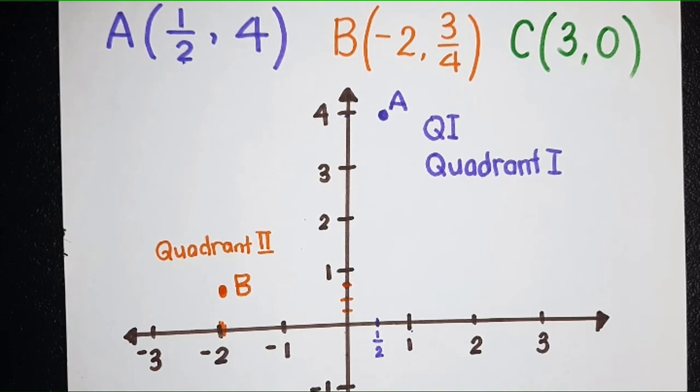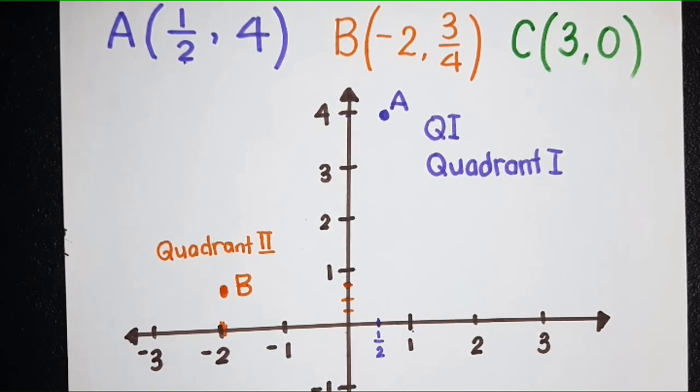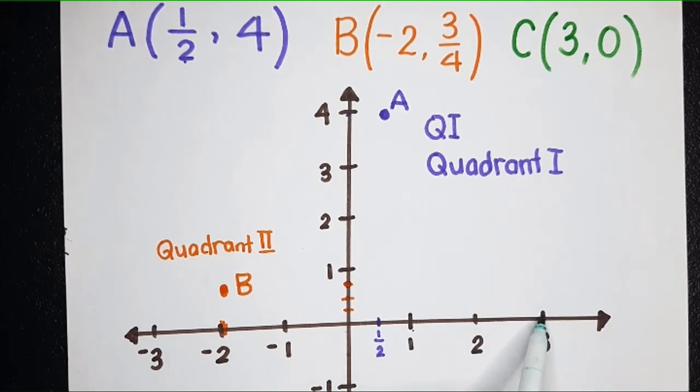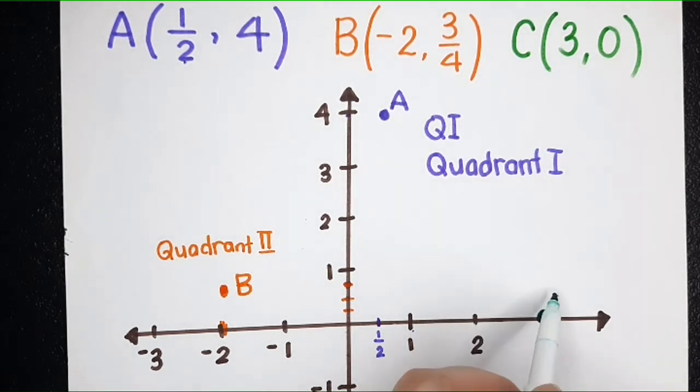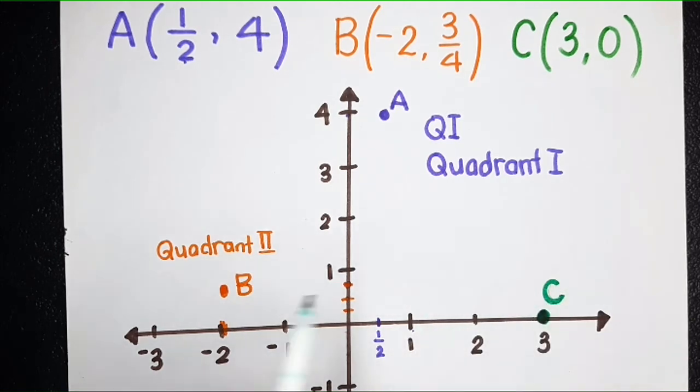Where can we find point C? Okay, let's plot point C. It has coordinates 3, 0. So, count kayo ng 3 sa x-axis. Here, 1, 2, 3. What about its y coordinate? 0. Diba? 3, 0. So, you don't really have to move. Eto na yon. Okay? This is your point C.